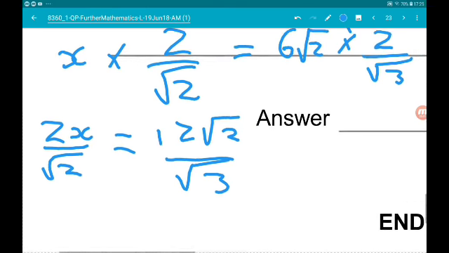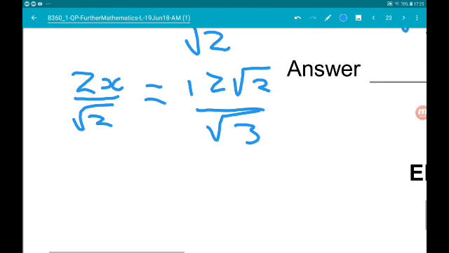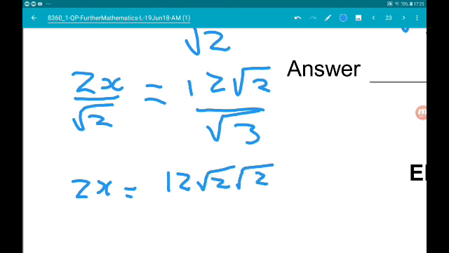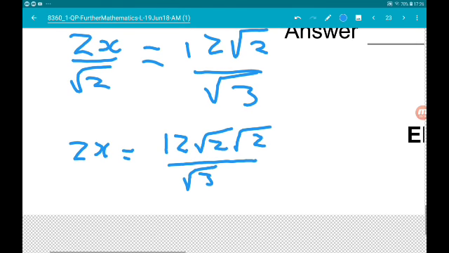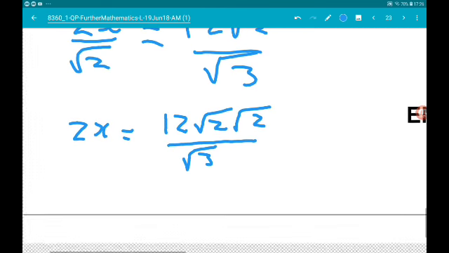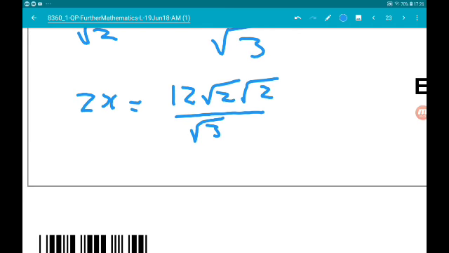Okay, so from this, we want to get x on its own. So if we multiply 3 by 2, we get 2x is 12. Now, it's times root 2 times root 2 over root 3. Now, root 2 times root 2 is 2. So we got 2x is equal to 12 times 2, which is 24, over root 3.